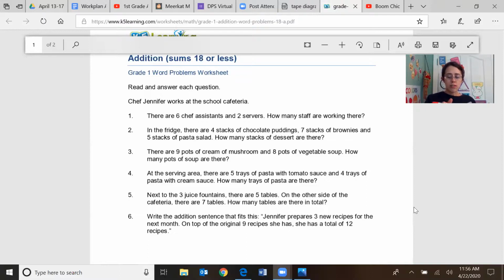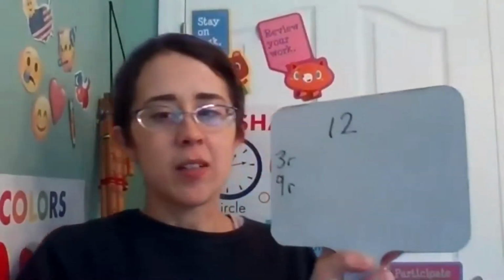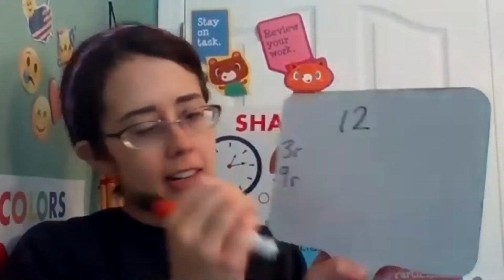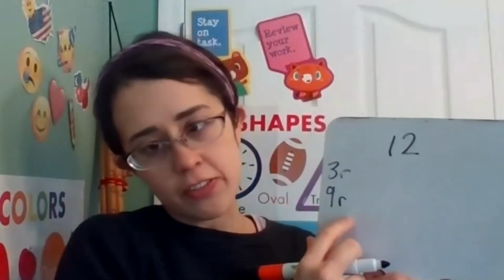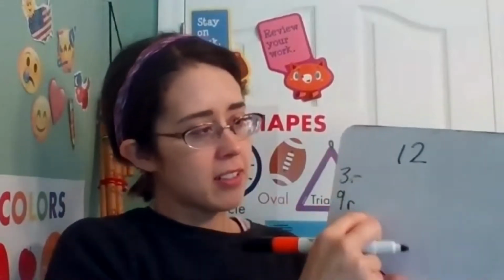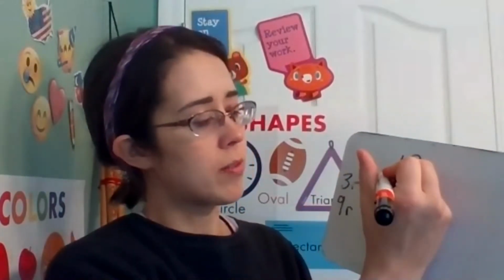I've got a total of 12, so 12 is the whole. And we have 3 recipes and 9 recipes. So again, 3R, R is for recipes. 9R, R is for recipes. These parts, and 12 is the whole.